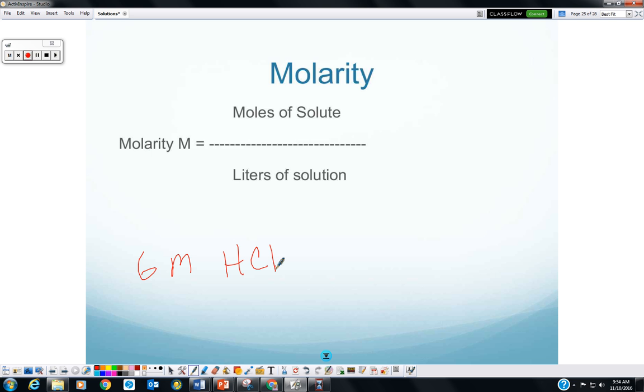So what is that really telling me? That's telling me that I have 6 moles of HCl per 1 liter of solution.